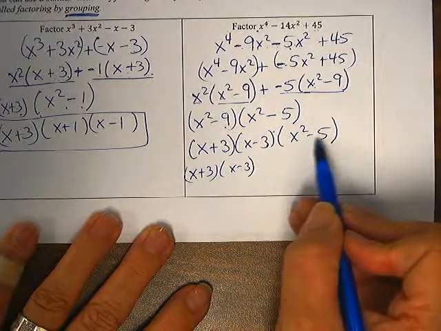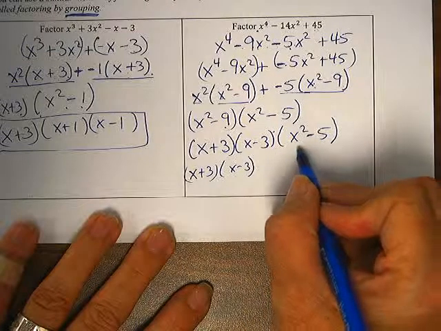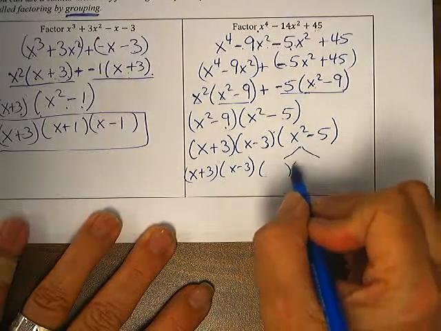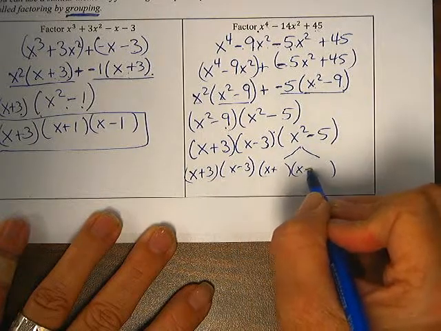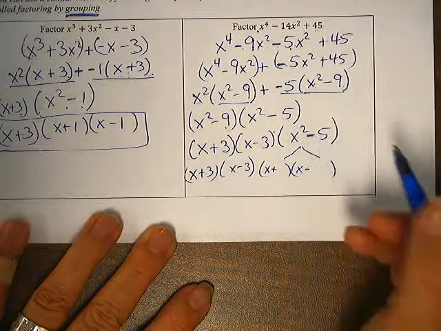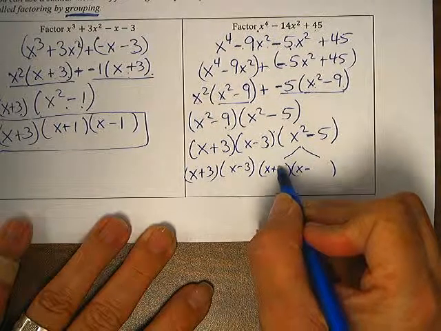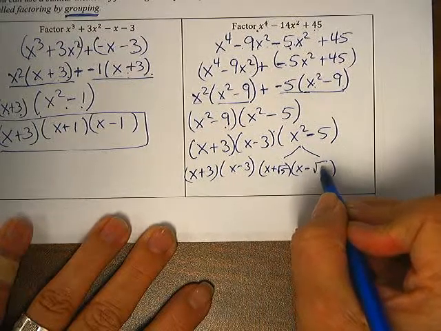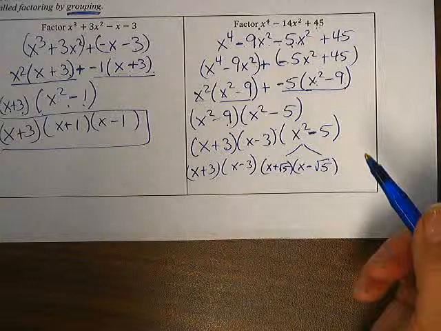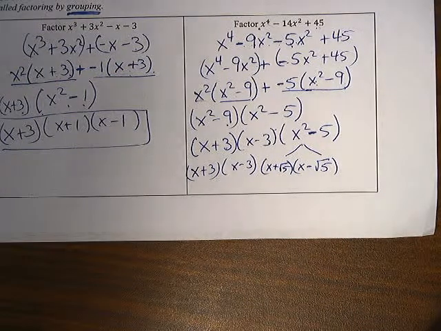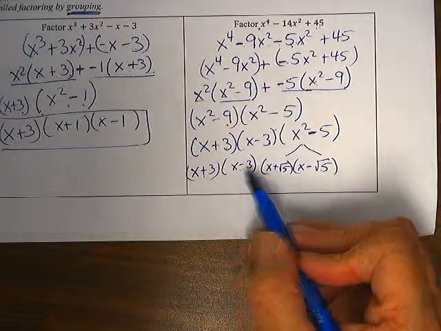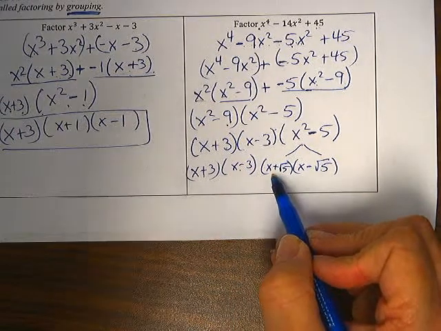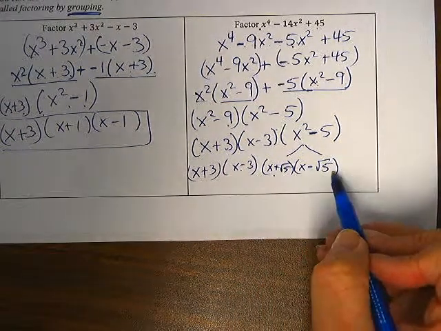So if I wanted to do the same thing here, I can break this into x plus and x minus, and you can only do this if it's a difference. And what we'll go here is the square root of 5 and the square root of 5. So fully factored, as far as you can possibly make this go, would be x plus 3, x minus 3, x plus the square root of 5, and x minus the square root of 5.